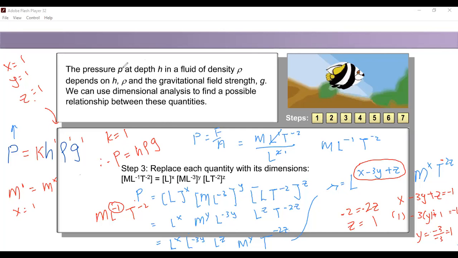They just said that the P is related to hash, related to rho, related to G. That's all. Okay. So that means that by using this method, we prove that the possible formula is like that. Okay. So this is the use of the dimension to derive the equation.